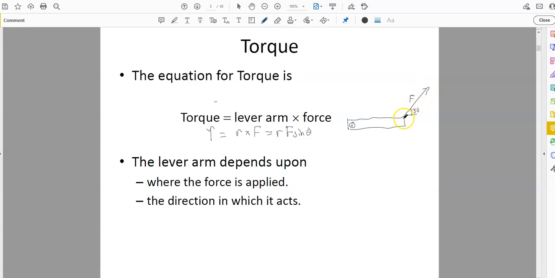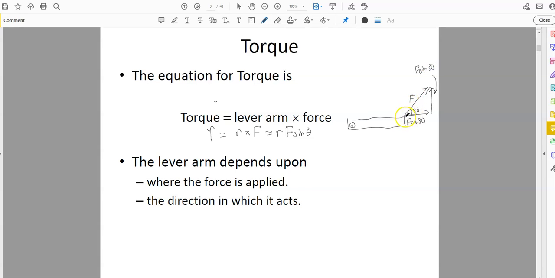Well, if we break this up into its X and Y components, this part of the force right here is F cosine of 30 degrees. This part of the force right here is F sine of 30 degrees.